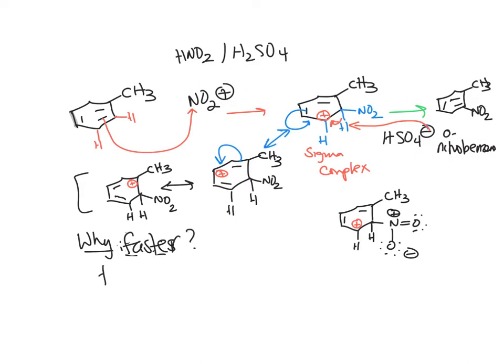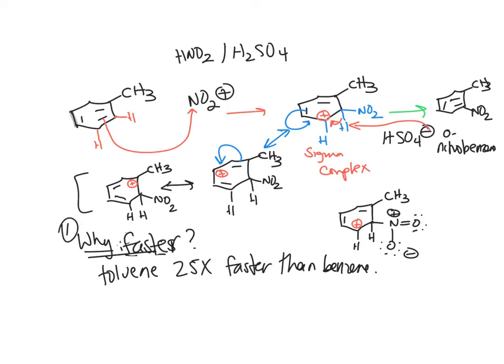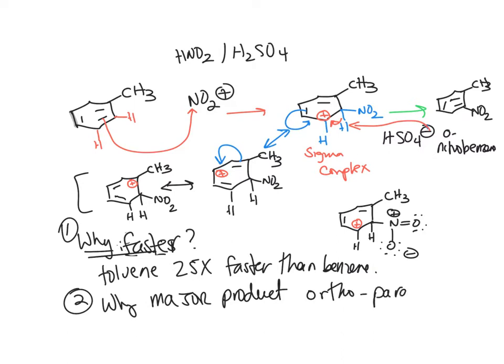Why is toluene 25 times faster than benzene? That's what we're going to talk about. That's one question you need to be able to answer. And then two, why is your major organic product ortho? We call it ortho para. And so that's what we're going to do during our POGIL.